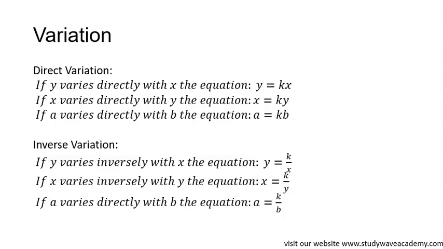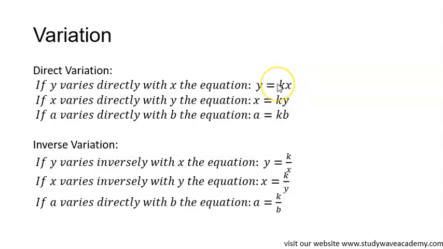In a direct variation, one variable increases or decreases proportionally with another, okay? And in inverse variation, one variable increases as the other decreases. So in direct variation, if y varies directly with x, the equation is y equals kx.